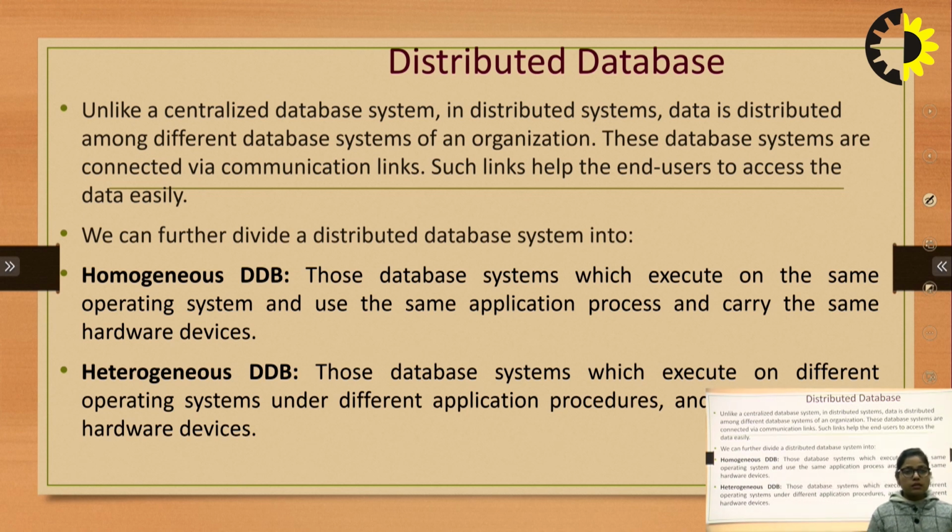Those database systems which execute on different operating systems, under different application procedures, and carry different hardware devices are called heterogeneous distributed database systems. This is the basic difference between these two distributed database systems.